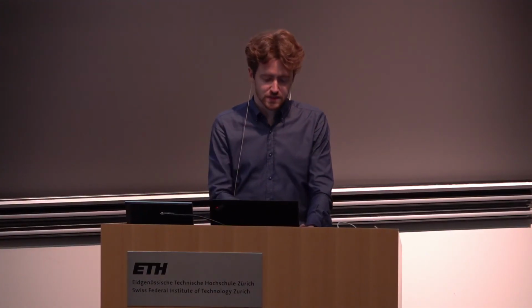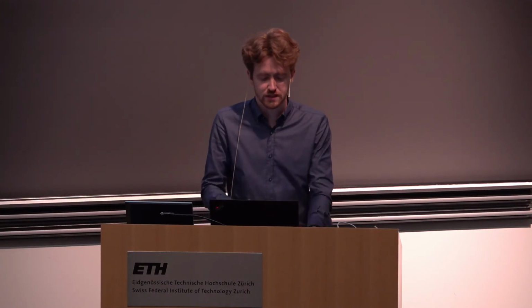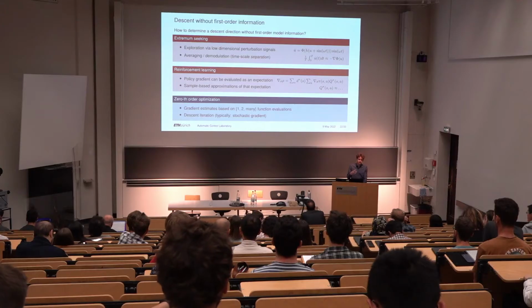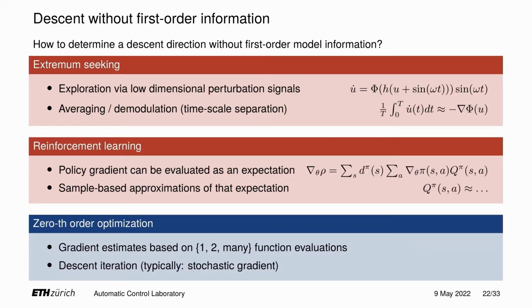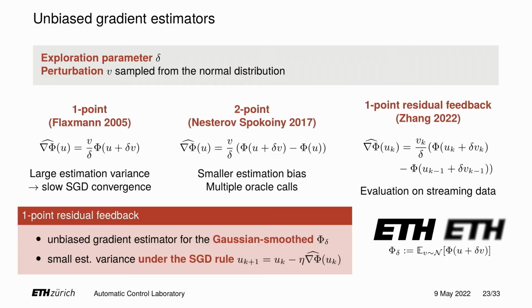In zeroth order optimization, you typically get one point, two points, or many points, function evaluations, and from those, you try to extract a descent direction. Typically, there's some randomization happening, so this descent direction is then fed into a stochastic gradient descent. If you look at the available unbiased gradient estimators for zeroth order optimization, it's actually not trivial to find one which works well in closed loop with a system.